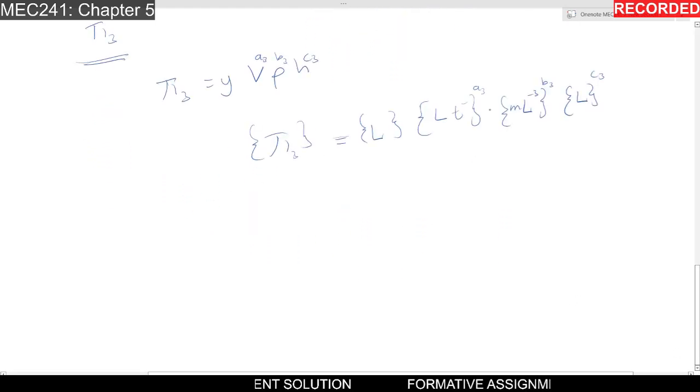So the same steps, we have to consider only 3 variables: mass, length, and time. So we put here the mass first. So M0 equal to only MB3. So we will get B3 equal to 0. Okay.